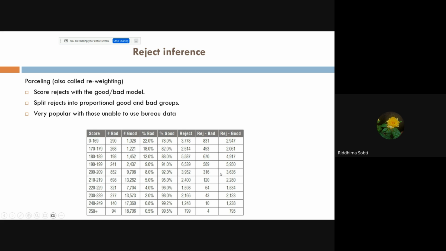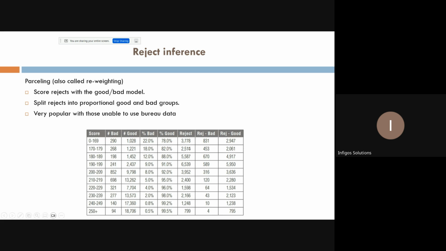So we take those for which we have the bureau history, include them in our analysis and rebuild the scorecard. That is very easy to do, because you have the actual performance. But in case you don't have the bureau data, then we have to predict for them. Yes. Okay.